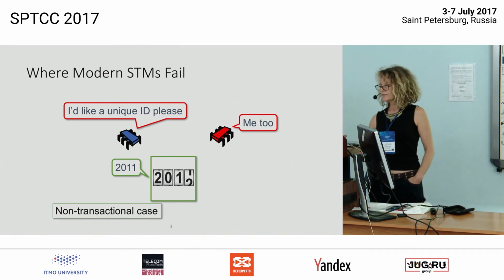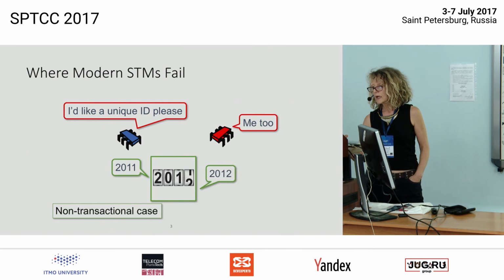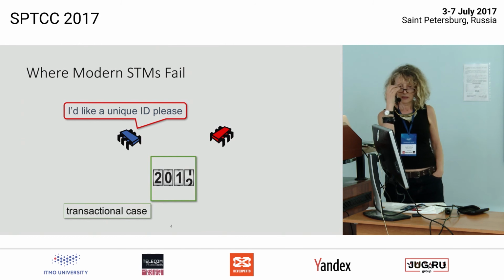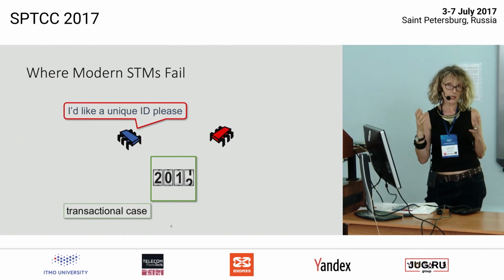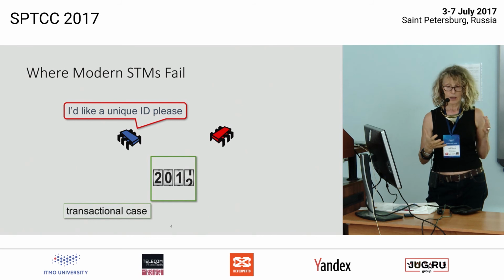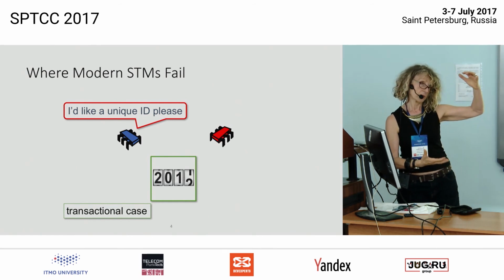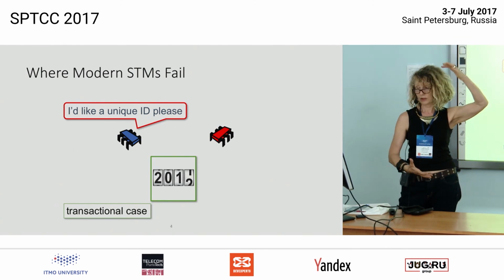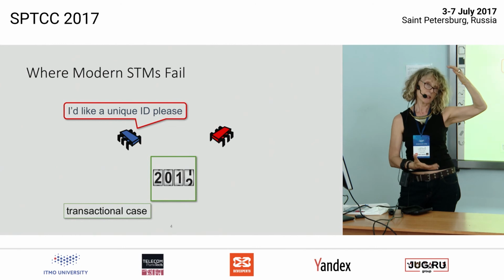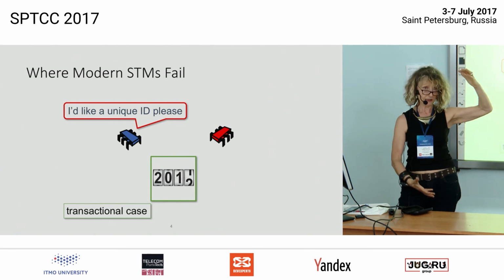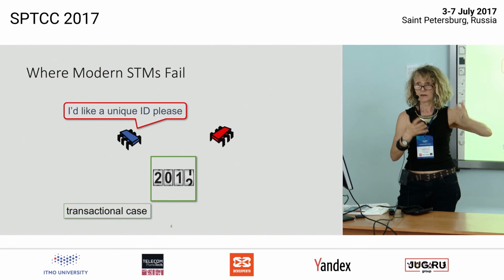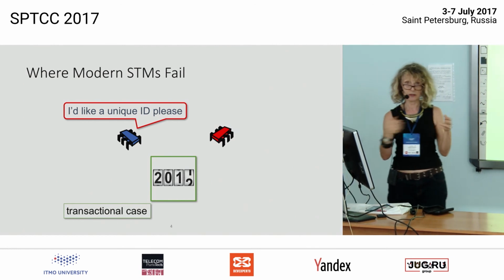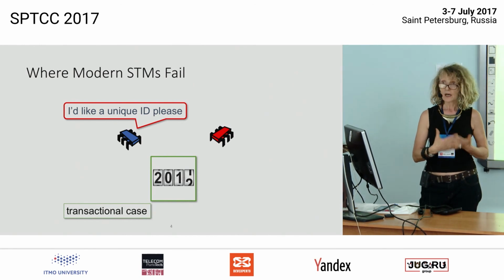Now, assume that you are in a transactional memory case, and each thread actually runs a bunch of operations. Each thread runs essentially a transaction with begin transaction, end transaction, and somewhere in the middle of that transaction, they need to get that unique ID to put it into the elements that they're going to stick in somewhere.